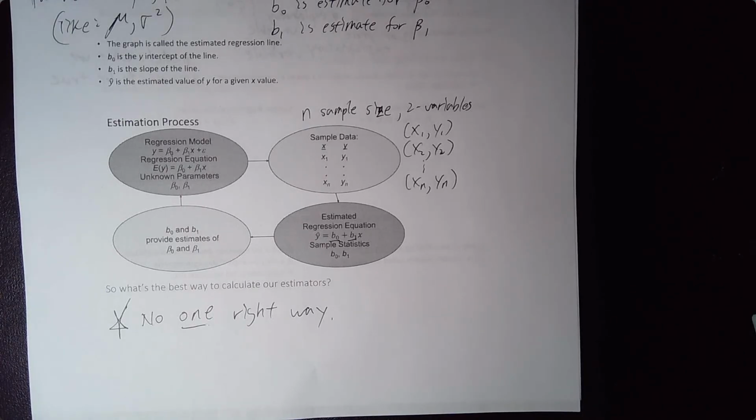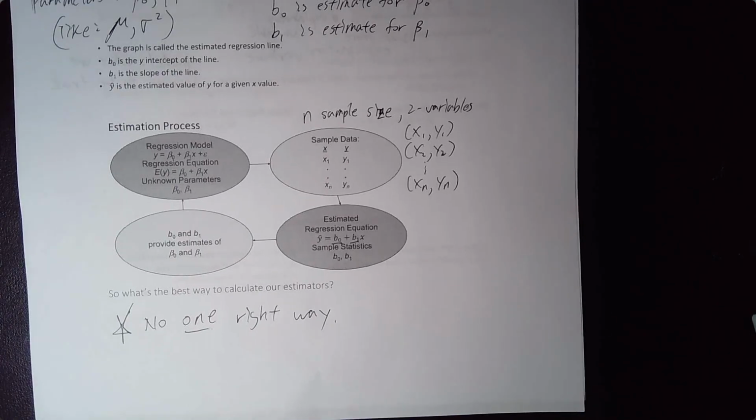It's like asking somebody what the weather is. There are different ways to predict what the weather is. Just because there's no one right way, there is definitely one best way. There are some ways that are better than others, and that's what we will explore.